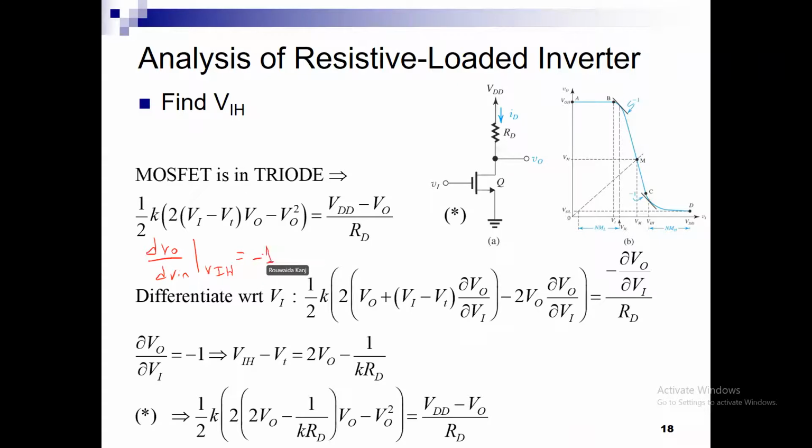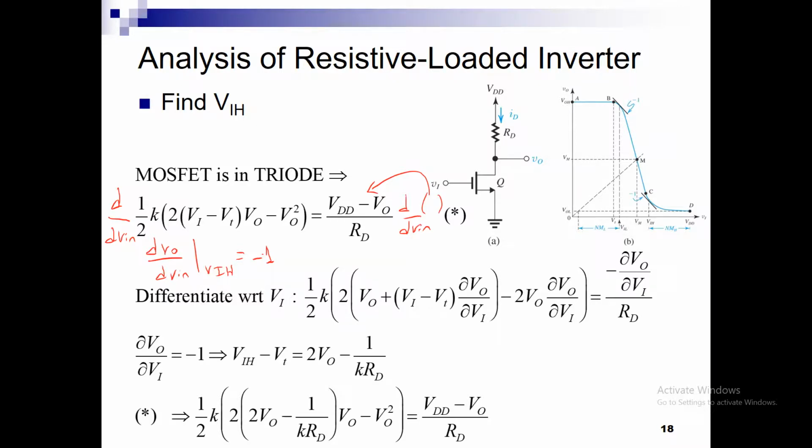So here I have to differentiate both sides by dVn, of this quantity here and this quantity here. And of course here, since Vo squared, for example, becomes 2Vo dVo by dVn.